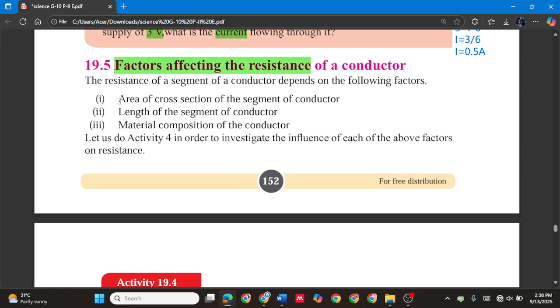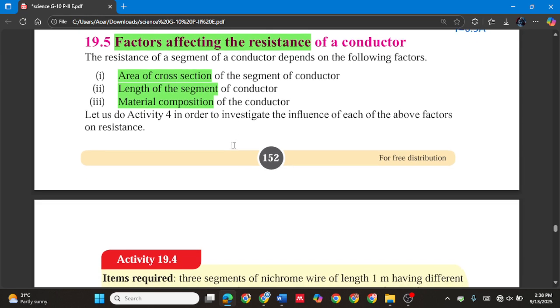Area of the cross section of the segment of a conductor. This is the first thing which affects the resistance of a conductor. The second one is length of the segment. Another one is material composition. So area of the cross section, length of the segment, material composition.